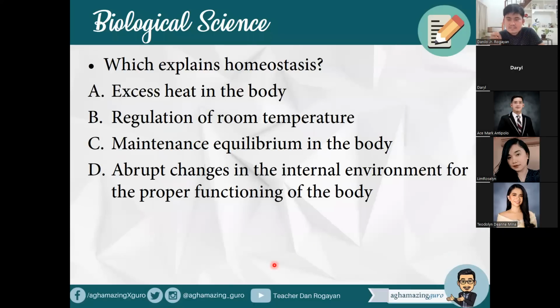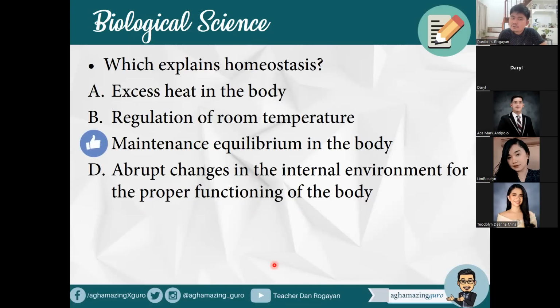D, abrupt changes in the internal environment, the proper functioning of the body. Okay. So of course, homeostasis has something to do with the maintenance of the equilibrium in the internal environment, and so that is letter C.